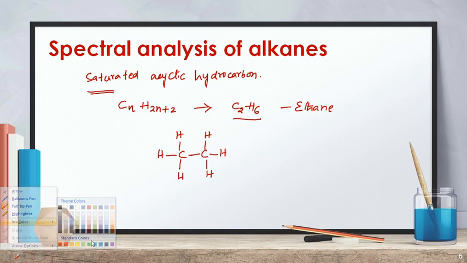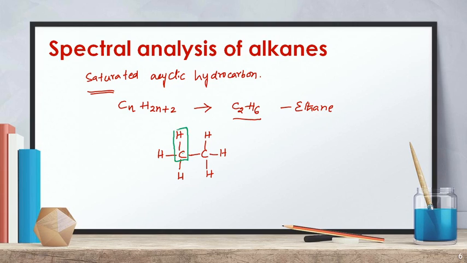The type of atoms involved in the single bond must also be found out. Here carbon and hydrogen participate in bond formation, so CH bonding is present. Here you are finding carbon-carbon bond formation, right?